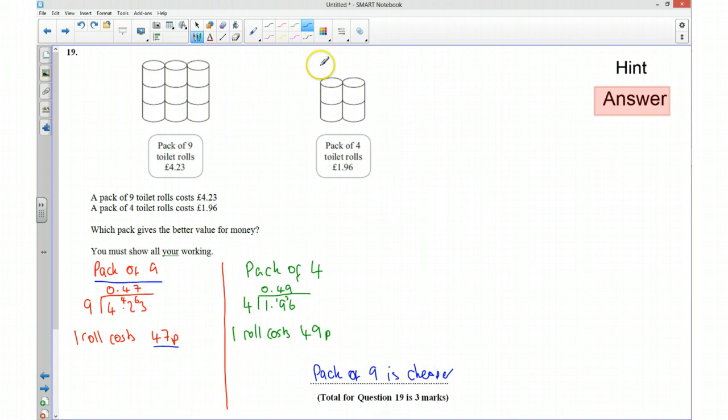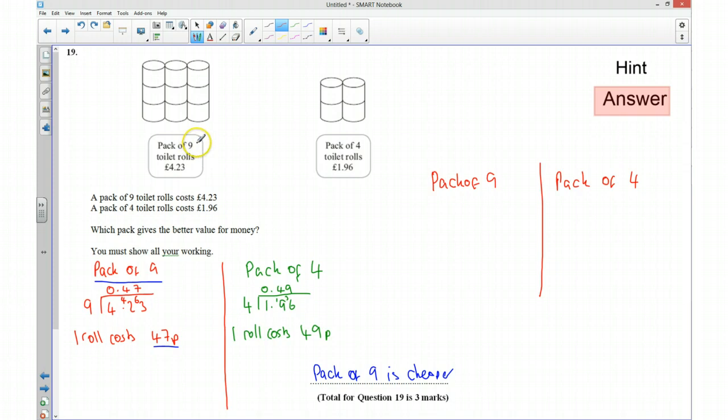Now another way we could have done this is I can come over here and we'll say pack of 9 and we'll do pack of 4. Okay, so instead of working out what it was for one roll, I can see if I can get a common multiple of 9 and 4.